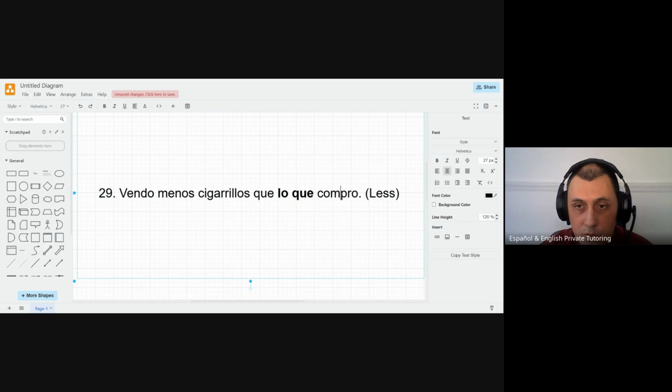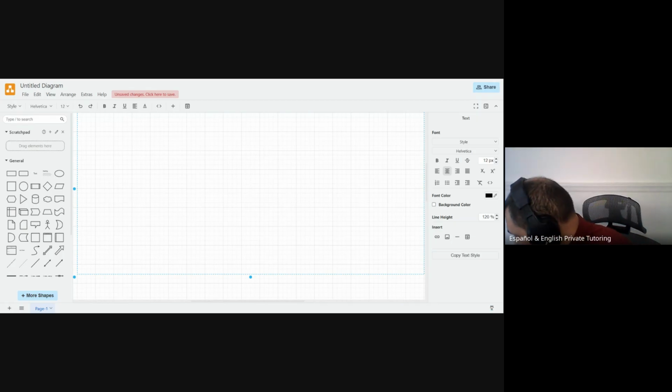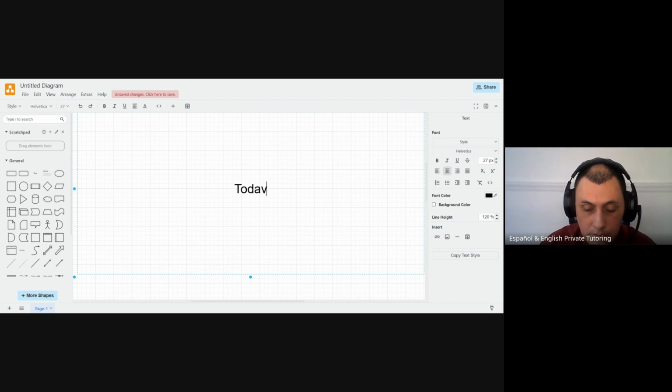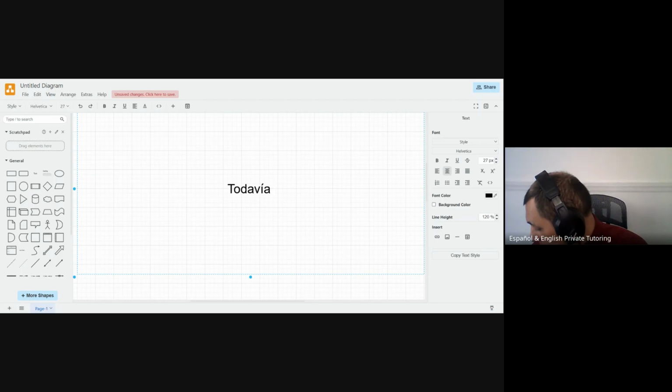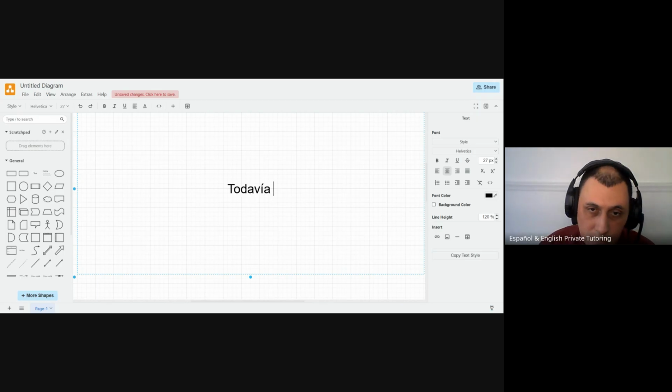Let's go now to page 119. We're going to talk about adverbs of time and place. According to the book, todavía means still or yet. The thing is that the book is saying that todavía also translates into English as no, not yet, which is not correct.